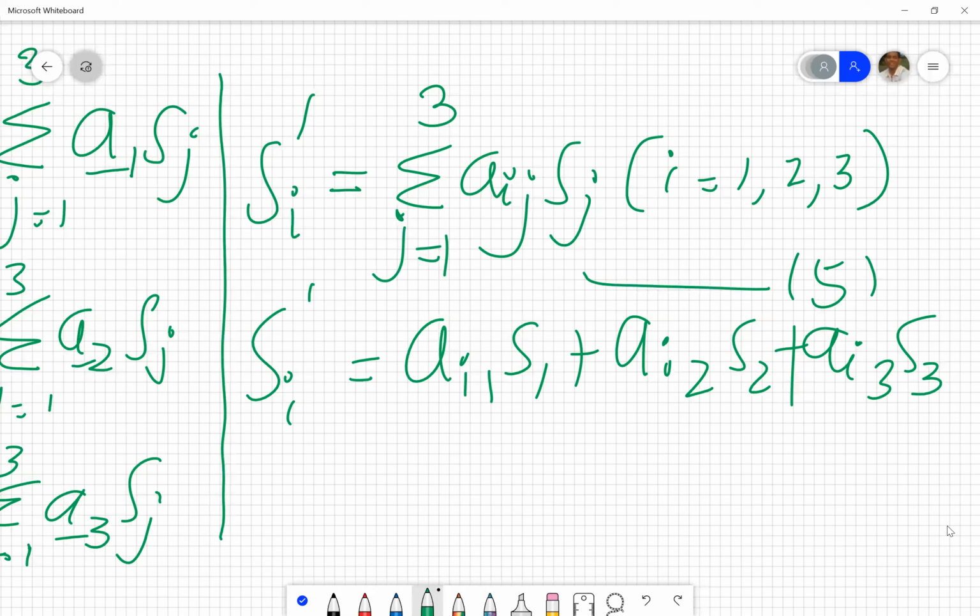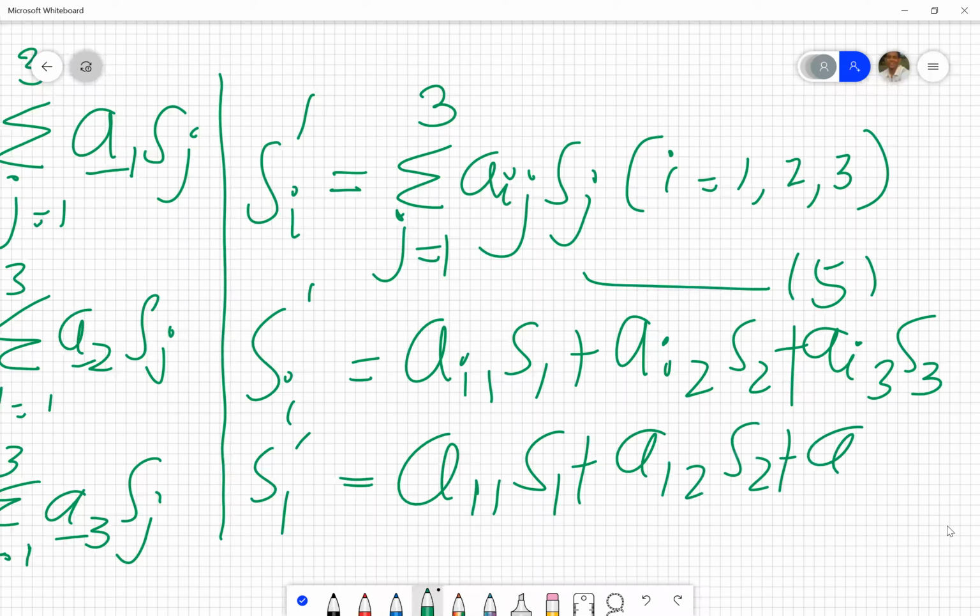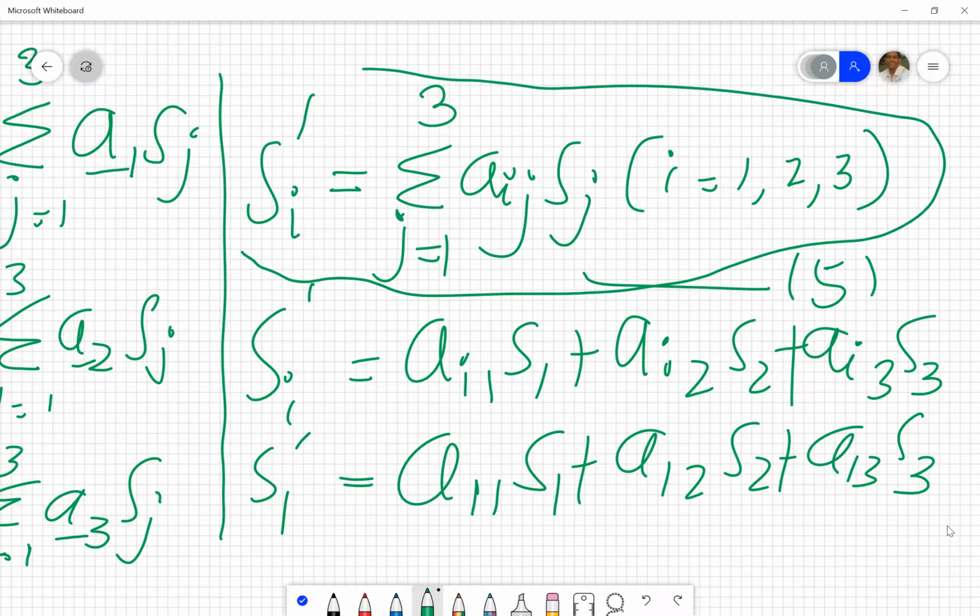Here in place of i, I am writing 1, so the equation is in the same format. The whole equation we have derived, the displacement of the axis from one position to another position, can be easily written in that format.